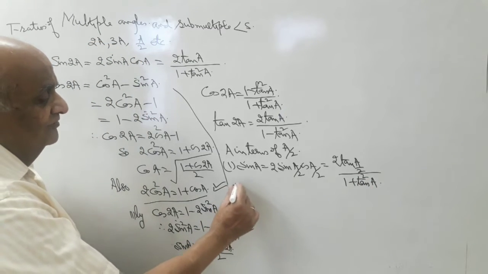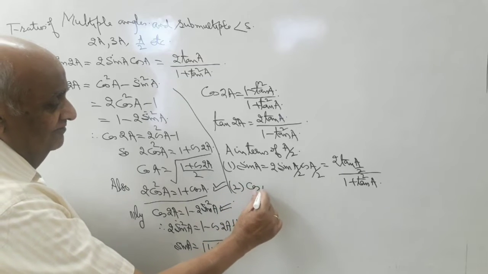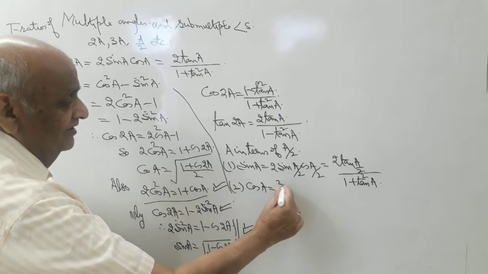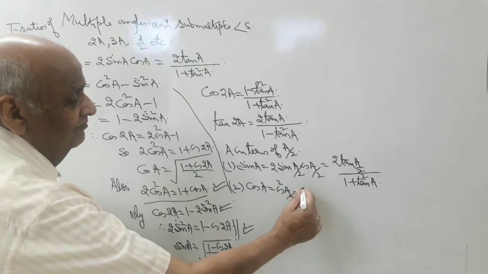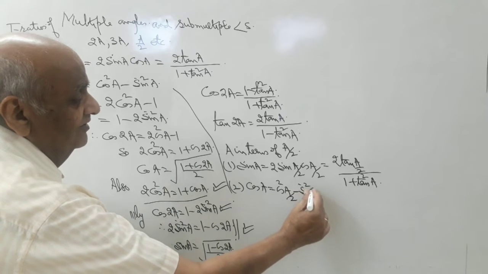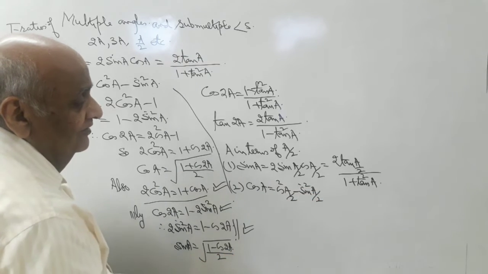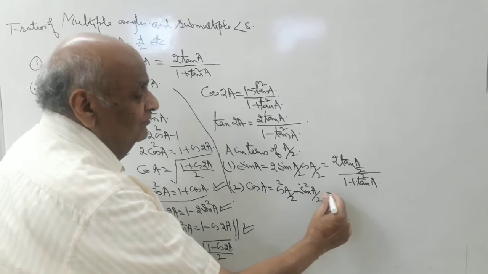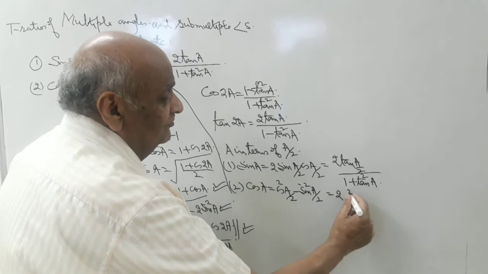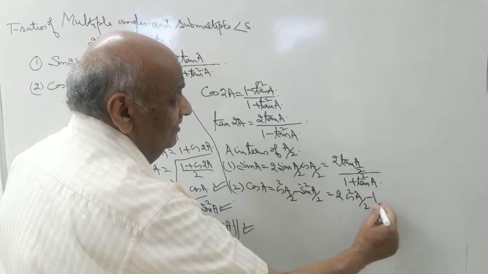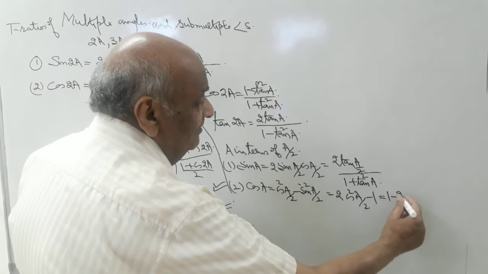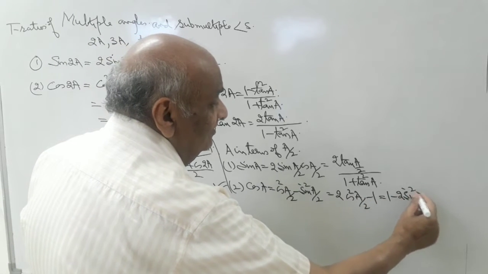Number 2, on the same pattern we have cos A is cos square A by 2 minus sin square A by 2. Now this is equal to, as above, 2 cos square A by 2 minus 1, which is equal to 1 minus 2 sin square A by 2.